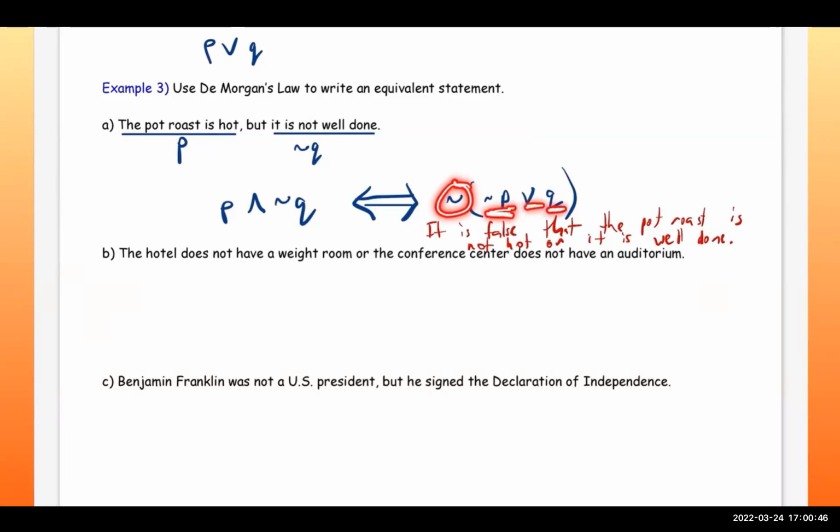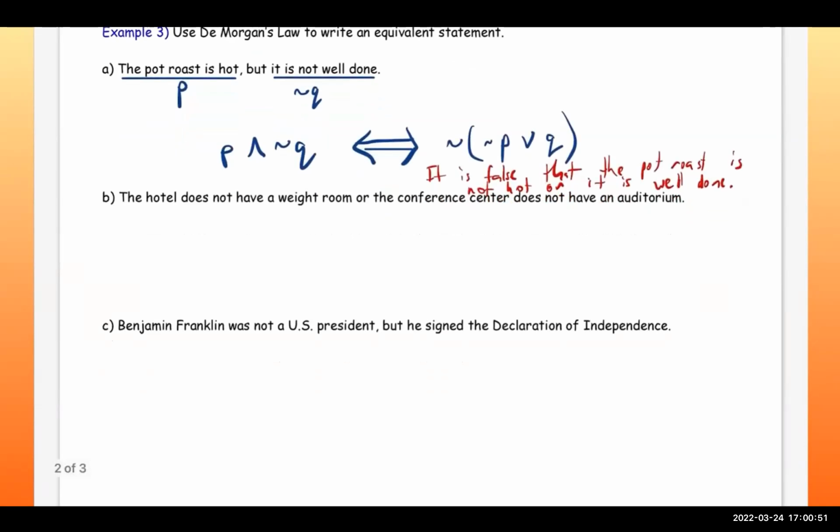The hotel does not have a weight room. So does not have a weight room, that would be not P. There's your or. The conference center does not have an auditorium.